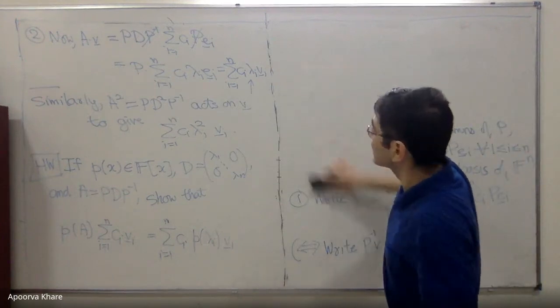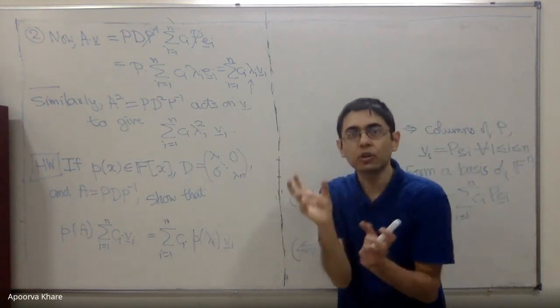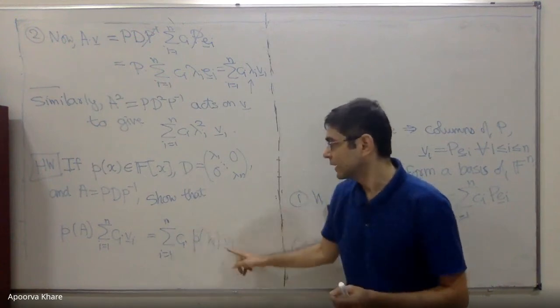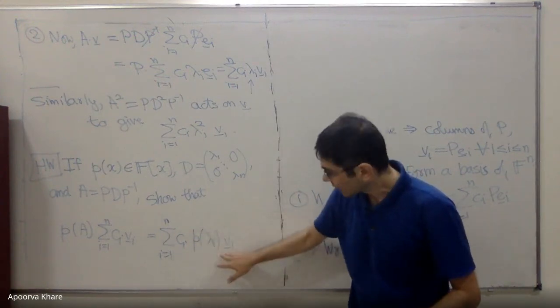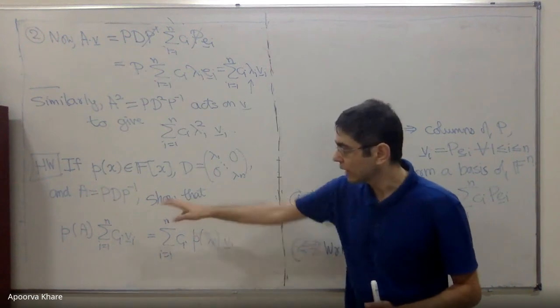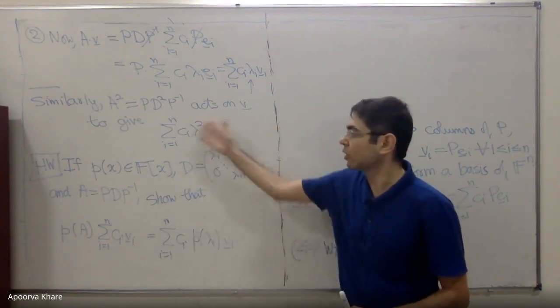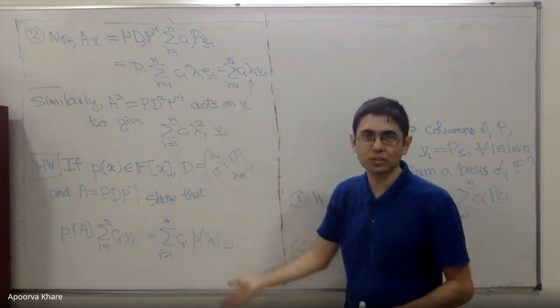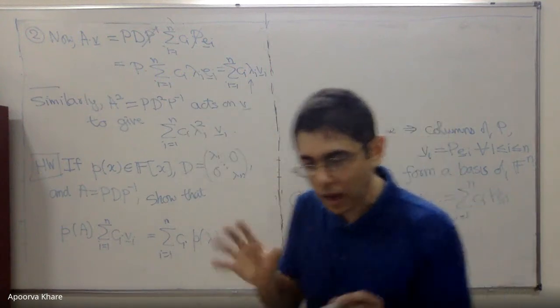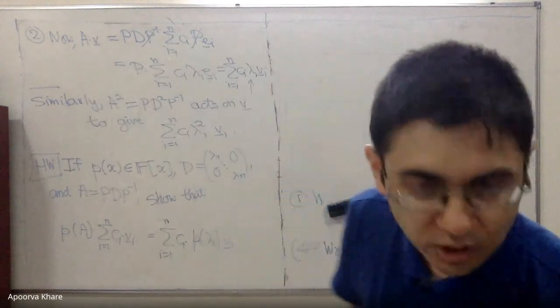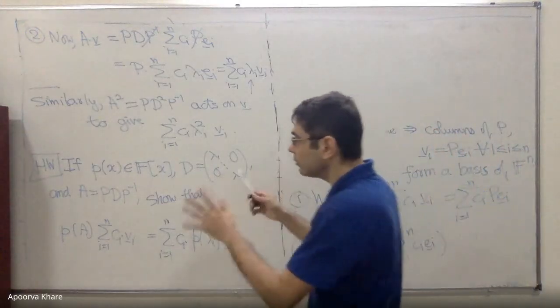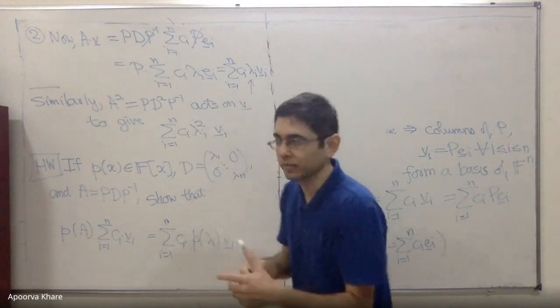So linear combinations behave well if the individual constituents behave well. And what are the individual constituents in this? They're exactly the Vi's. Once you know how A acts on one Vi, you know how A acts on the sum of Vi's or the linear combination of Vi's, and you know how A squared acts and so on and so forth. So at the heart of all this is the action of the matrix A on one vector Vi.